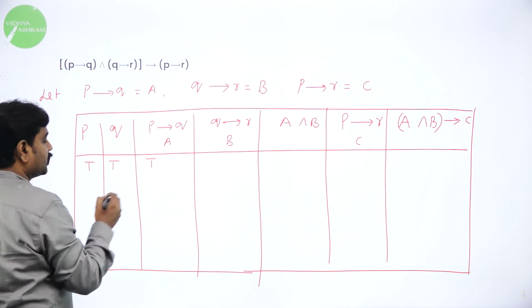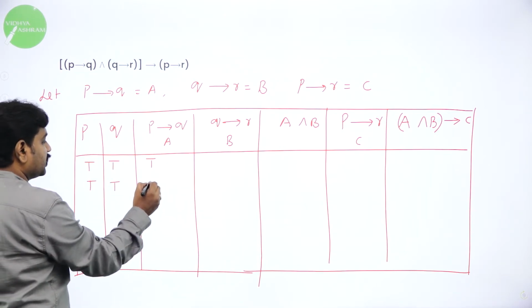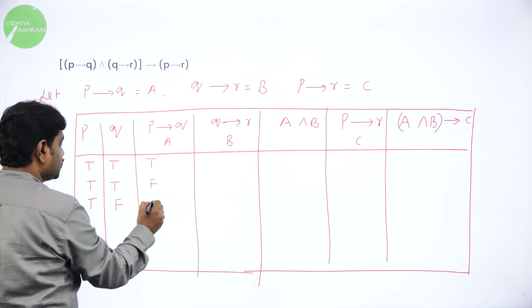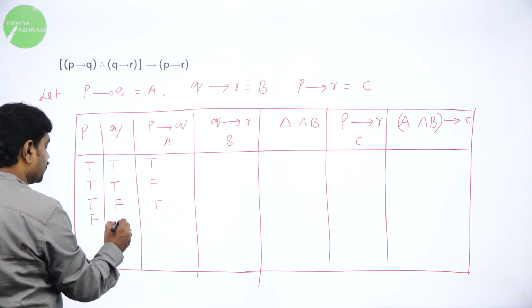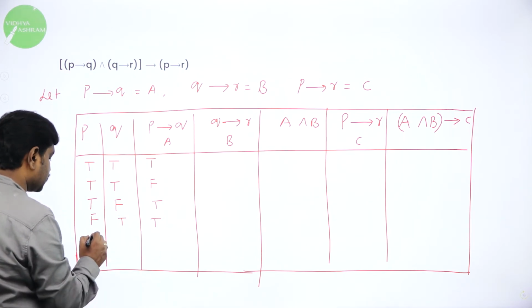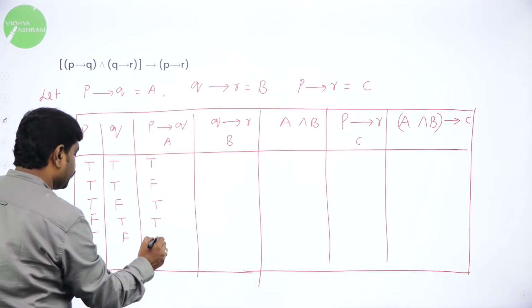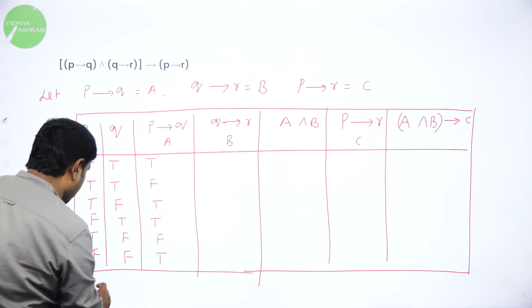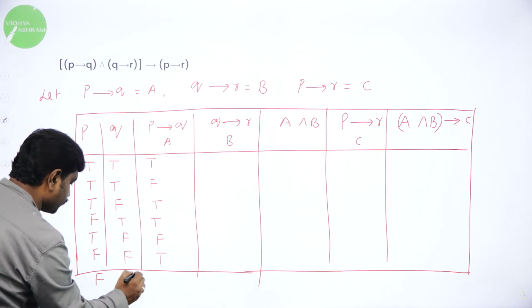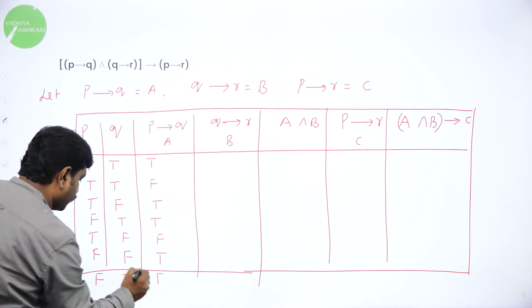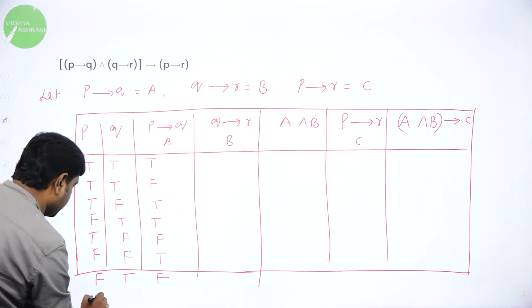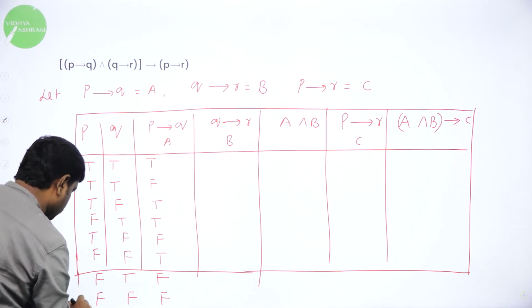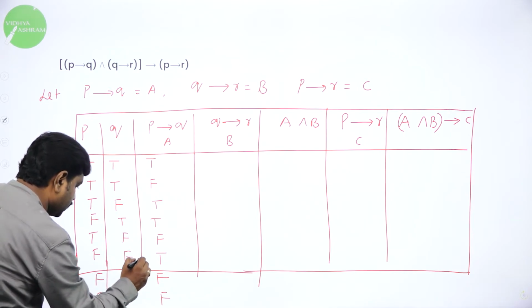All 3 may be true, or the first two may be true and the last one false, or the second one may be false, or the first one may be false, or any two may be false. True, false, false; false, false, true; false, true, false; or all three may be false. These are the possible combinations.